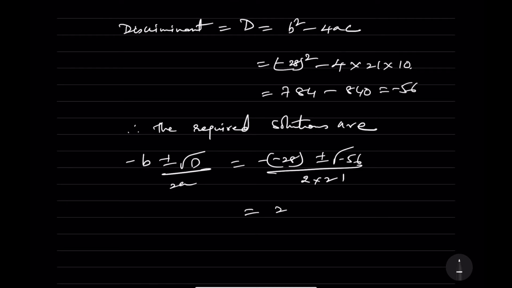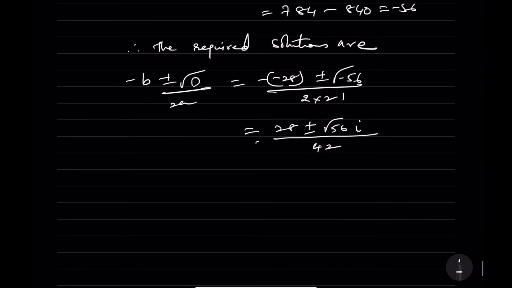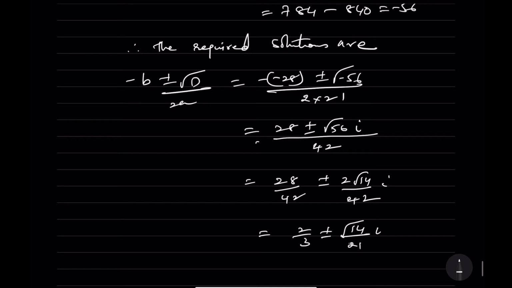Which is equal to (28 ± √56 i) / 42. So which is equal to 28/42 ± (2√14/42) i, which is equal to 2/3 ± (√14/21) i. This is the answer.